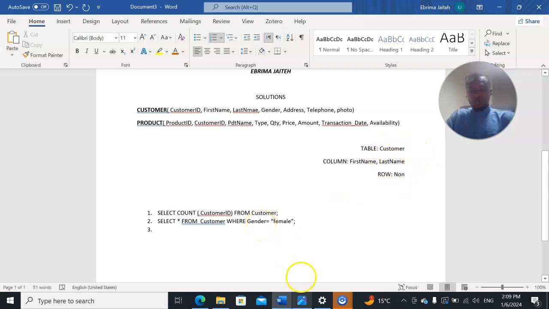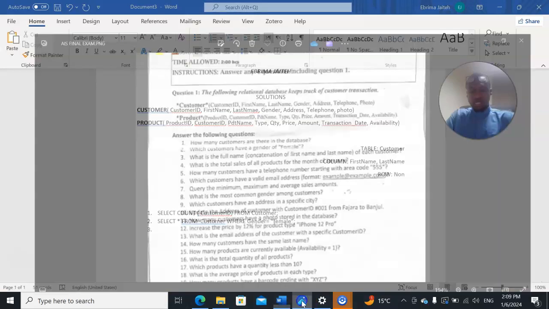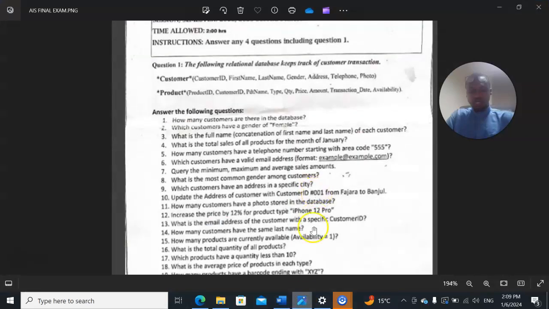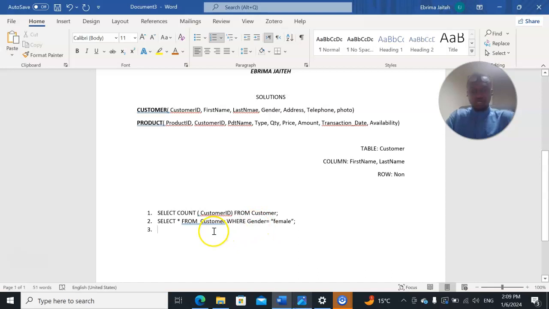So since we want to identify the first name and the last name of each of the customers, we are going to say select first name, comma, last name. Okay, first name, last name, from where?